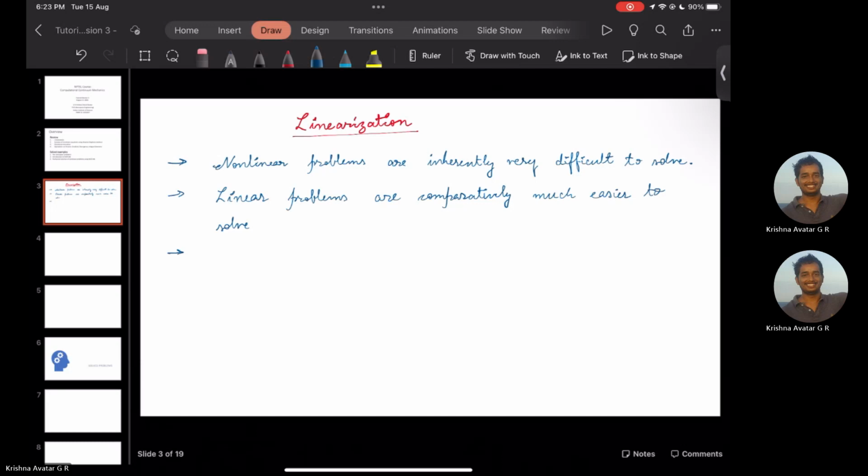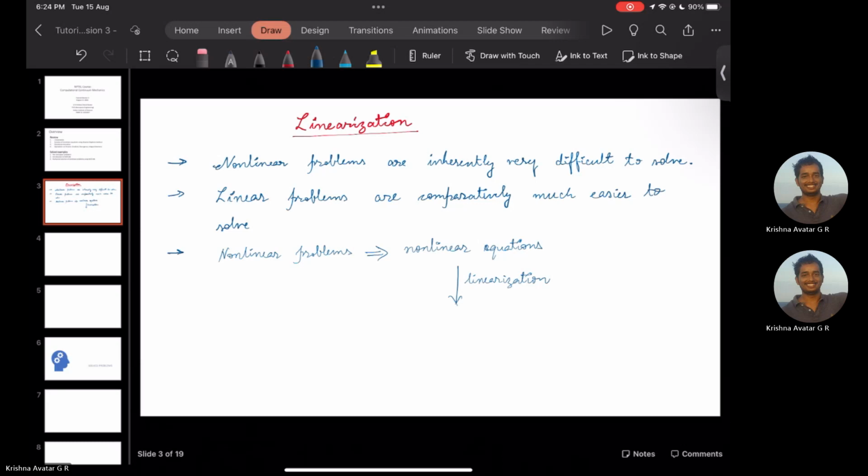So the idea here is that a nonlinear problem is formulated as a nonlinear set of equations. Then what we do is treat it with a process called linearization.